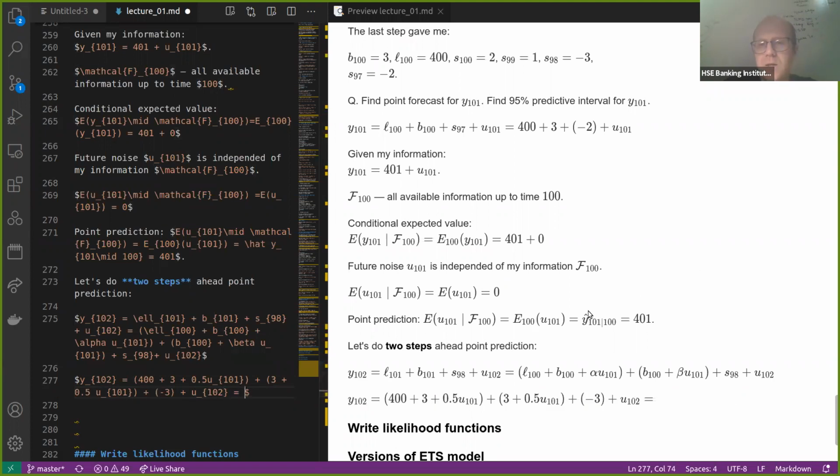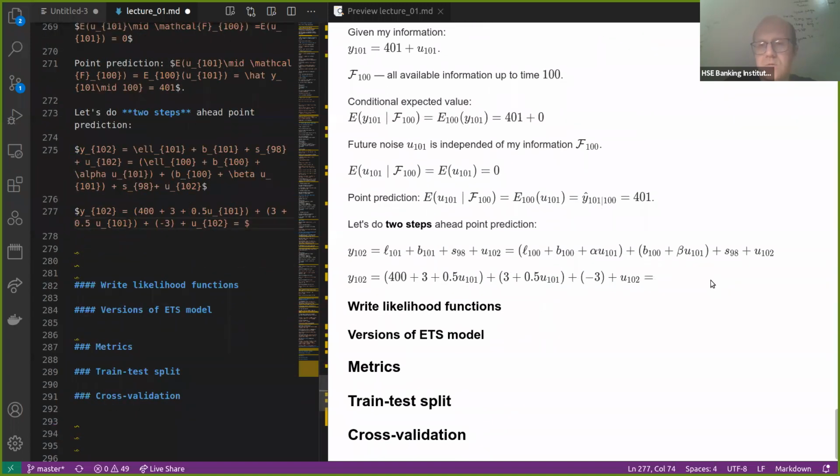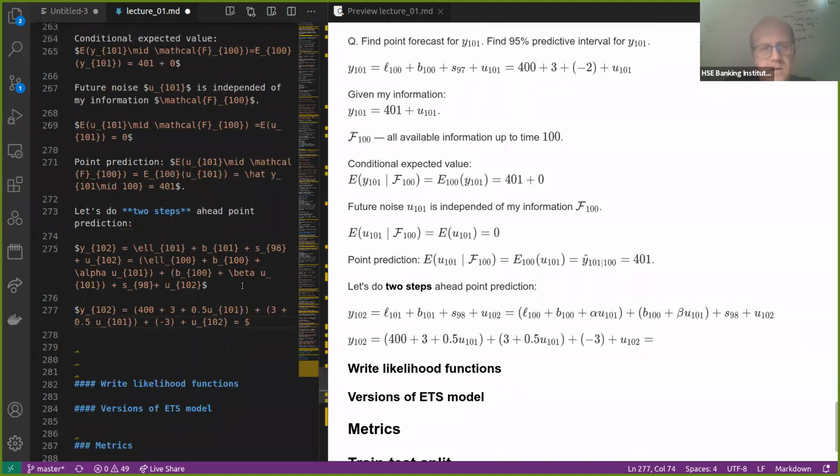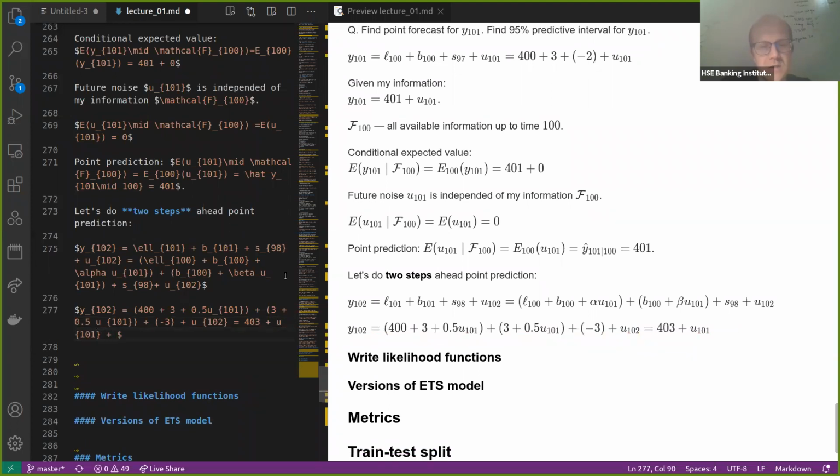And finally, if I collect all the terms, I will get something very easy, something like 403 plus U101 plus U102. Yeah, everything is right. Or am I mistaken somewhere? But I think that's okay.